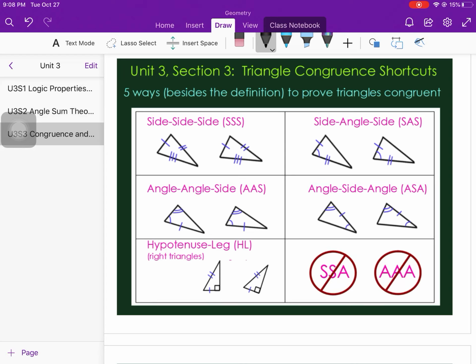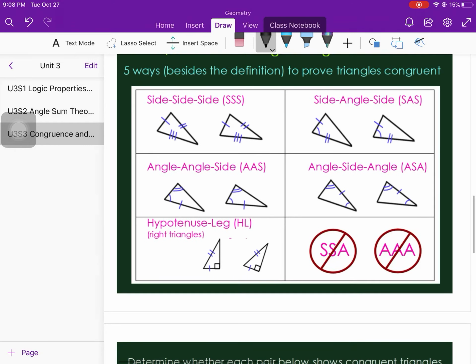The third one is the angle side congruence one, where you have 2 angles and then a side that is not in between them. It has to be on either side of the angles. We have the angle side angle shortcut, which is 2 angles and then a side in between the 2.